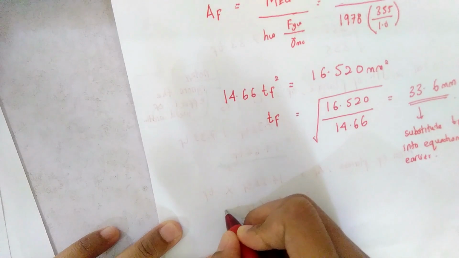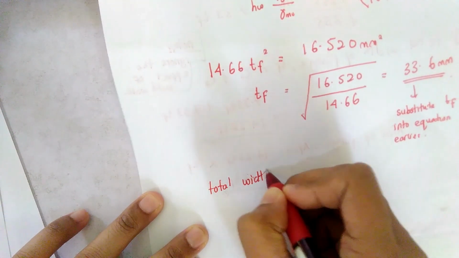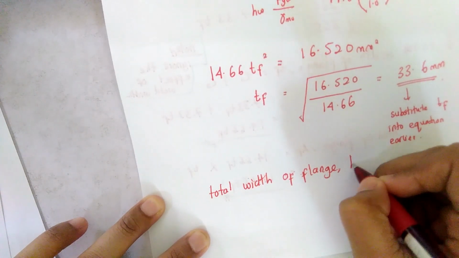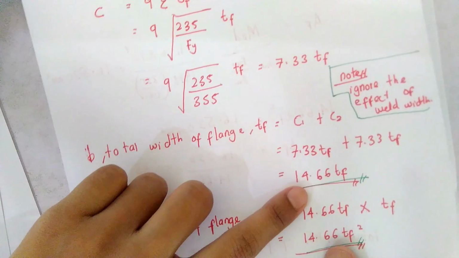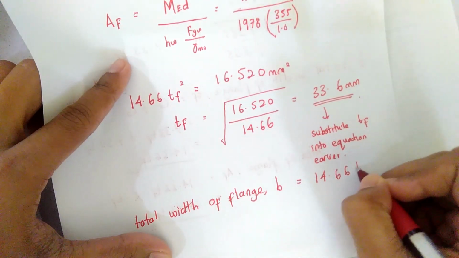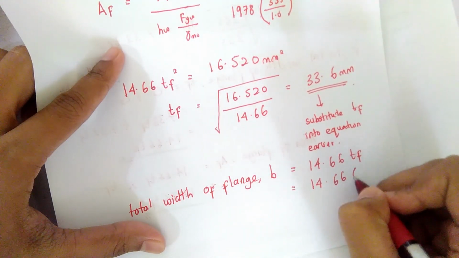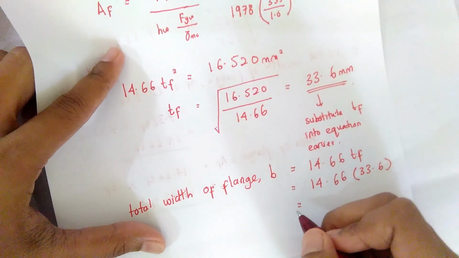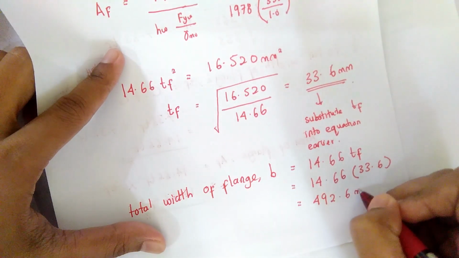So now your total width of flange b is equivalent to 14.66 t_f. So it will be 14.66 times 33.6, which means you will get 492.6 mm.